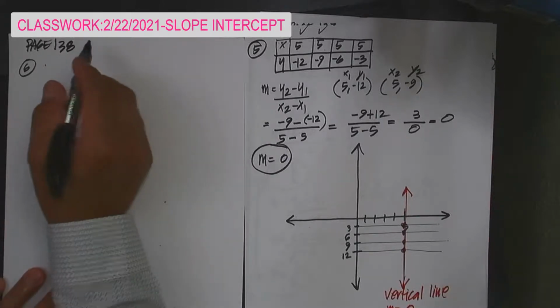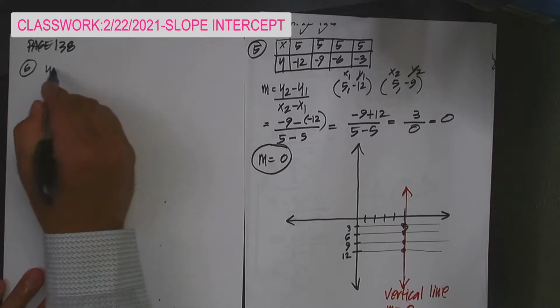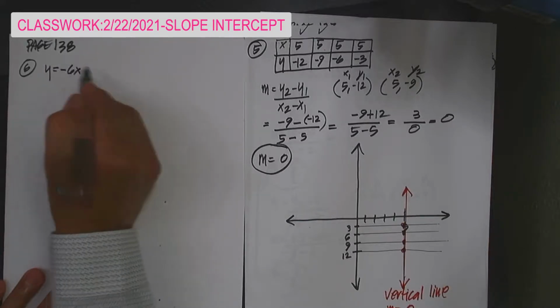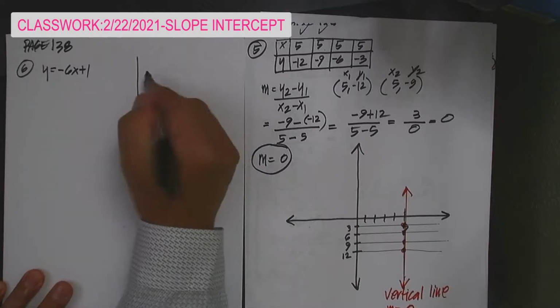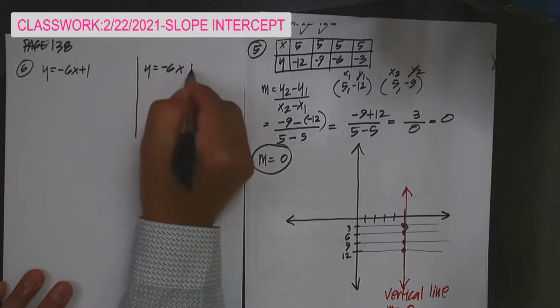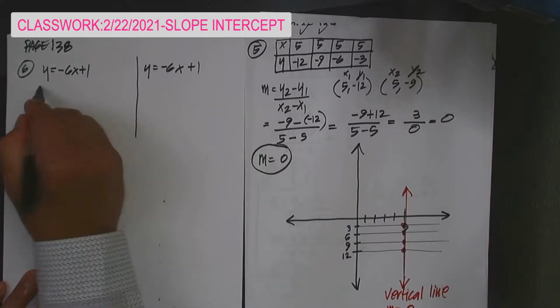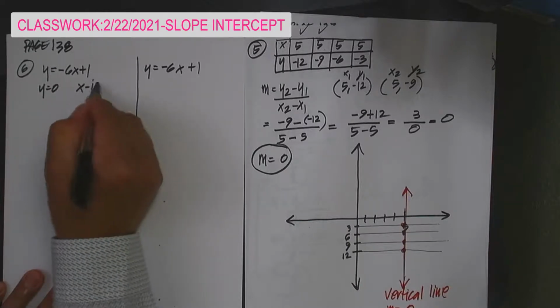Scroll it down. Okay, so number 6, your equation is y is equal to negative 6x plus 1. Remember, you have to find first your x and y intercepts. Your y is equal to 0 so that you can find your x-intercept.